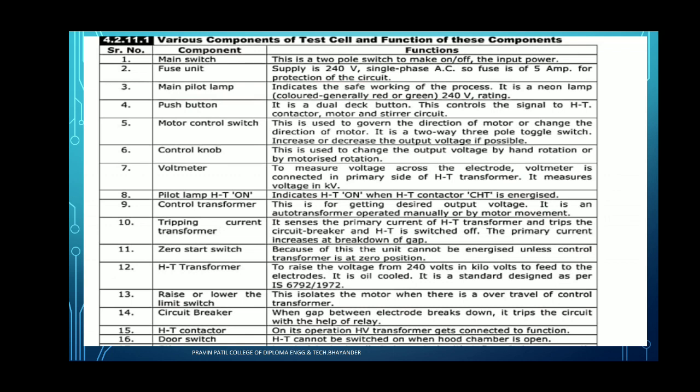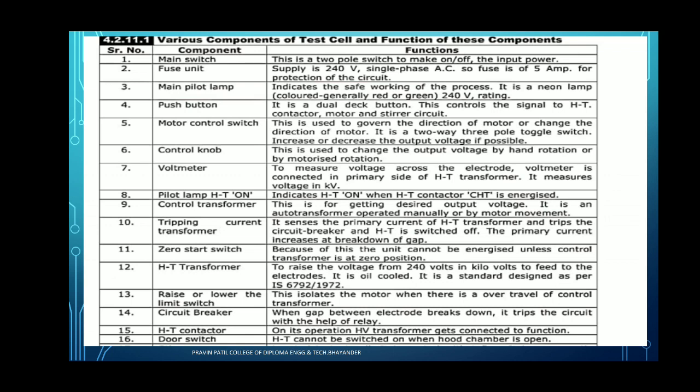Supply is 240 volt, single phase AC. Fuse is 5 ampere as the rating capacity of that fuse for protection of the circuit. So the fuse unit is used to provide protection of power systems, and the fuse wire may melt out during overload or short circuit condition.